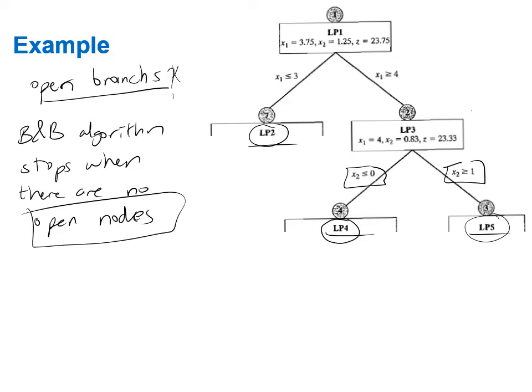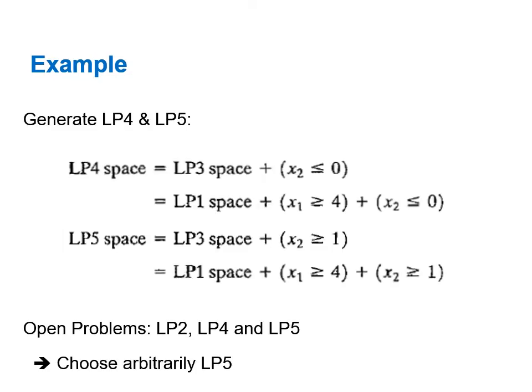Which one should I select? Again, we will discuss this later on, but in this example, let's just select one of them randomly, arbitrarily, this LP5, as the next one. It is just arbitrary, but let's consider, this is also important.